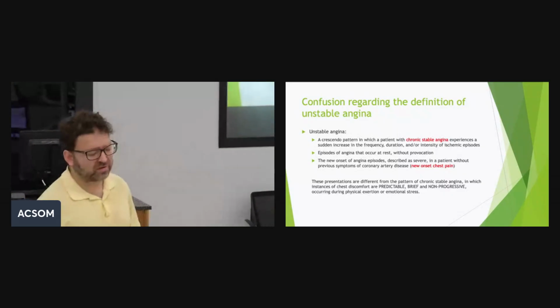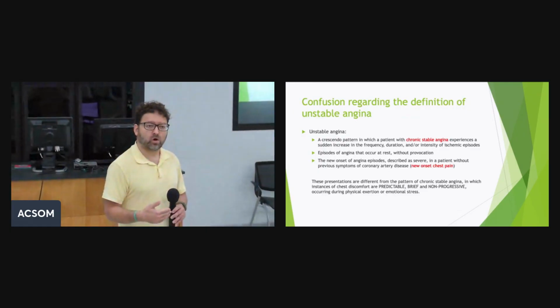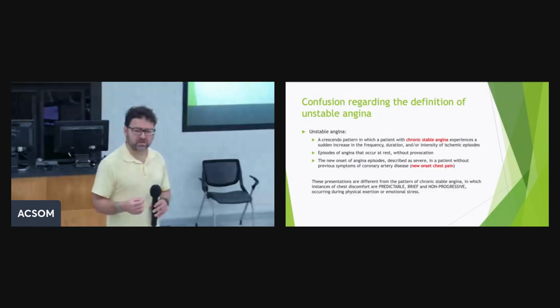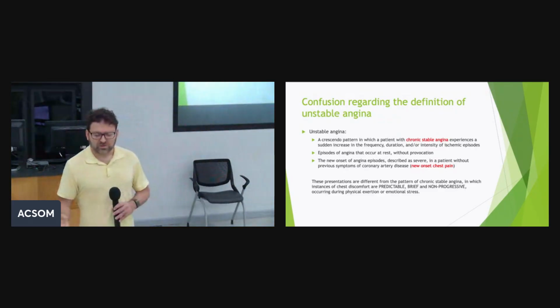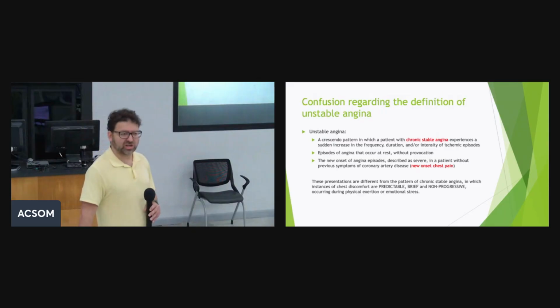Stable angina means that you have a stable plaque, yet it's obstructing blood flow. It causes predictable exertional chest pain. So my patient says, every time I take out the garbage, I get chest pain. 5 out of 10. I drop the garbage at the end of my driveway. I stop for 30 seconds.